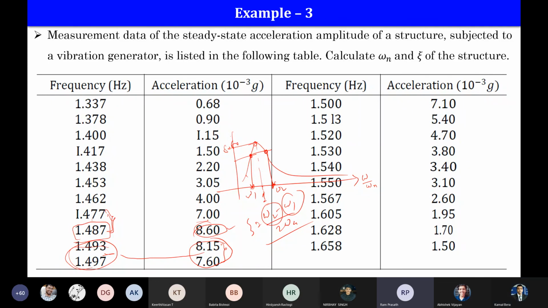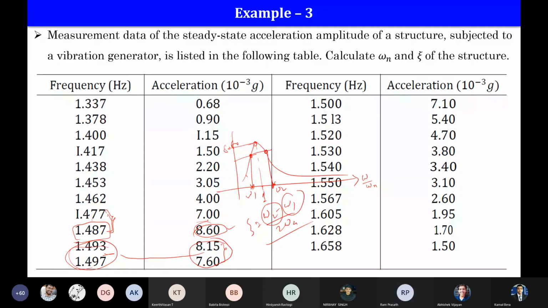With zeta equal to omega 2 minus omega 1 by 2 omega n, we know omega 2 and omega 1, but we don't know zeta and omega n. So how can we find it?